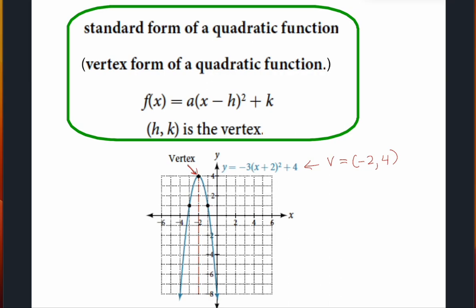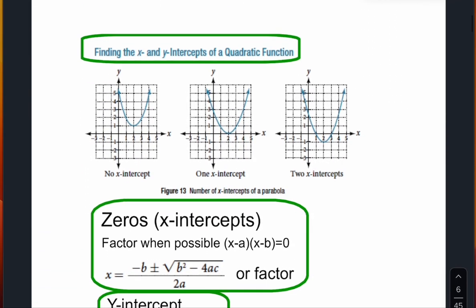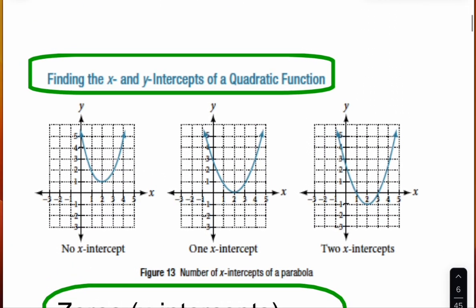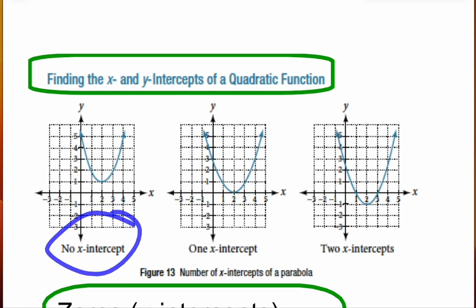Again, hopefully this is ringing a bell that we have picked up some of these things as we've gone through the process this semester. Remember that the x-intercepts are where we hit the x-axis, and the y-intercepts are where we hit the y-axis. For the x-intercepts, we could have no x-intercepts because it never hits that line. You could bounce off of that just once.